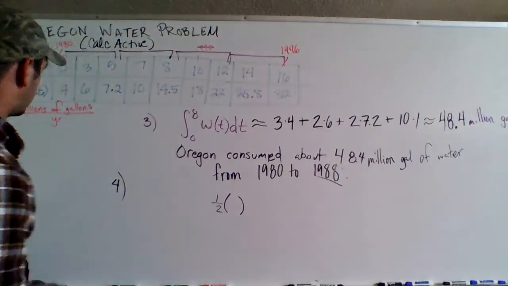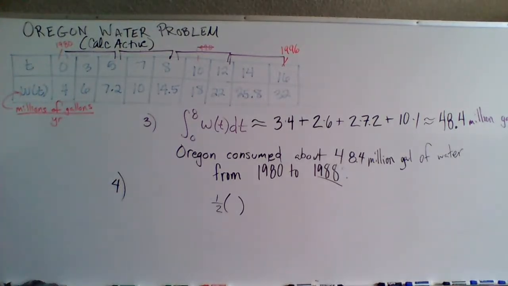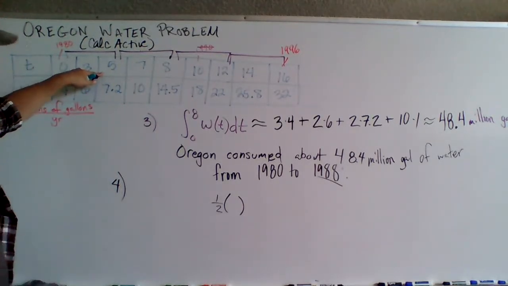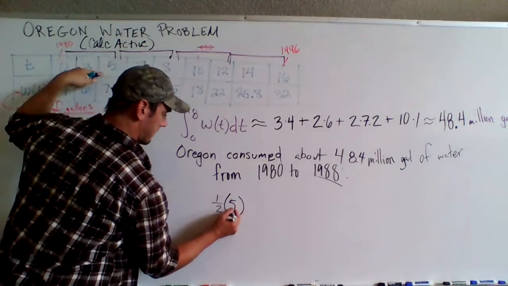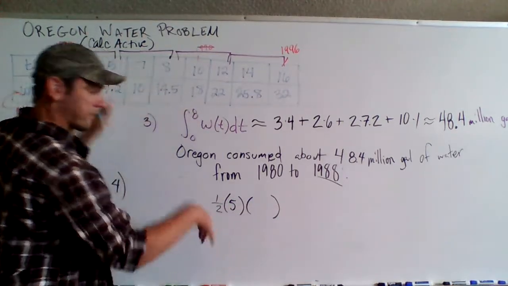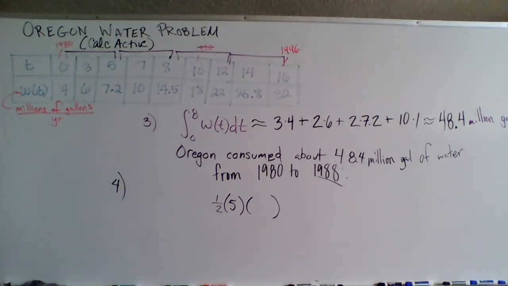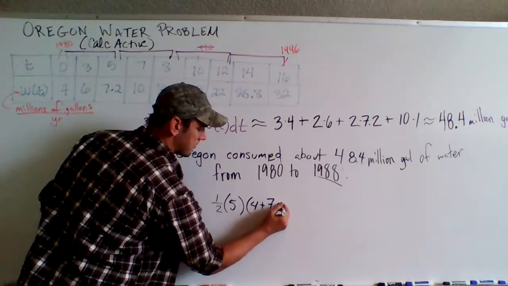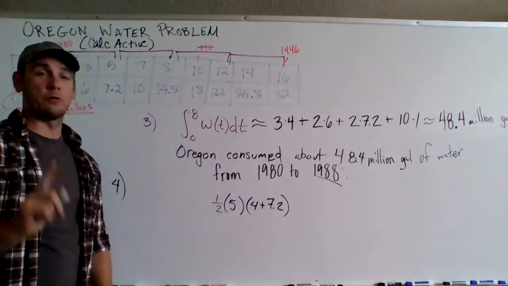So the height of our trapezoid is really going to be the difference in our times. So this is going to be a difference of 5. The bases of those sideways trapezoids are going to be the heights of W. So it's going to be 4 plus 7.2. Okay, that was one trapezoid.